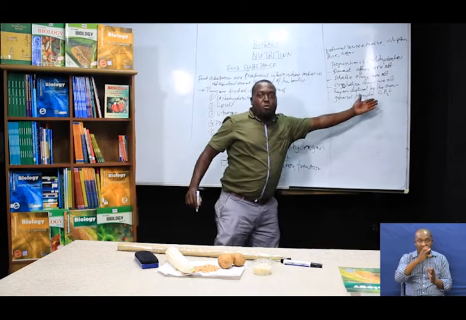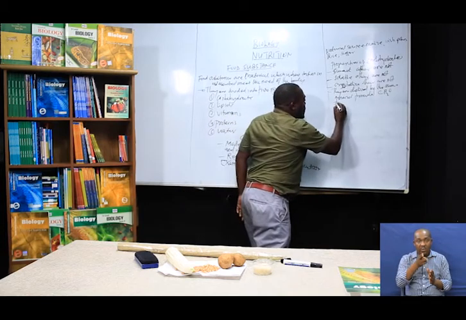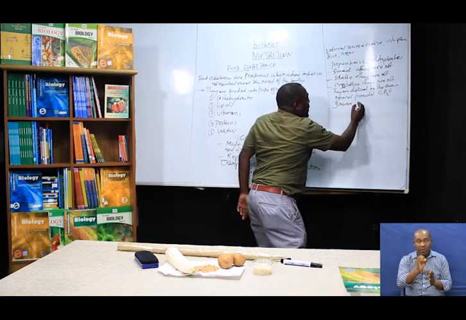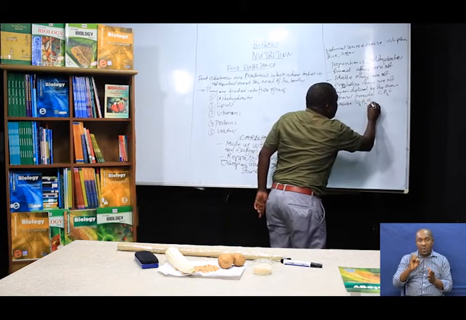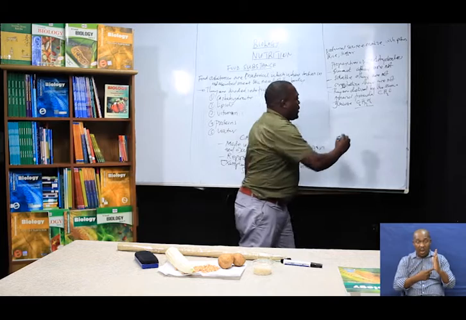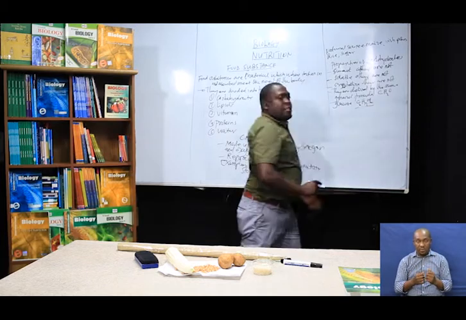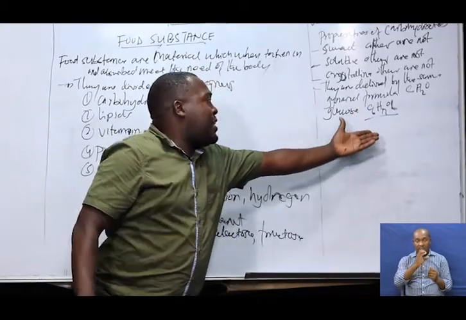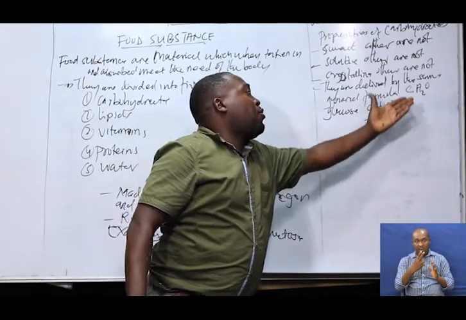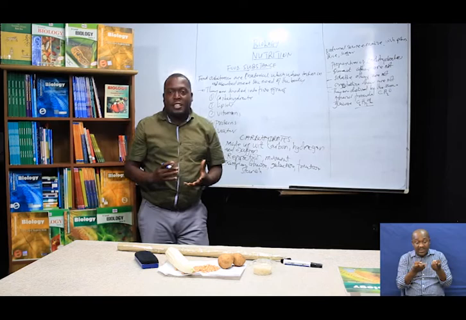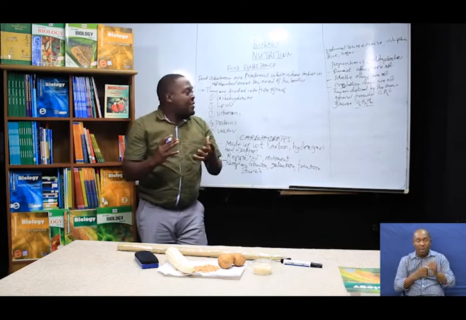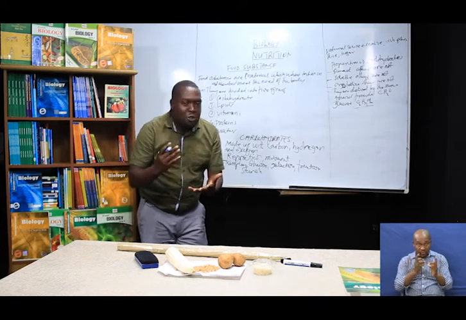Now from this general formula, for example, glucose has got the formula of this one. This is glucose. This is 6. But where does this formula come from? It comes from the general formula, which is this one. So they've got the same general what? General formula. Are we together, my dear student?